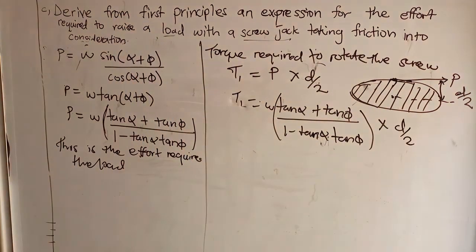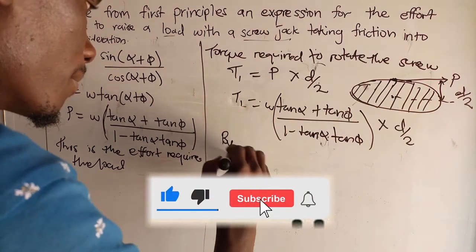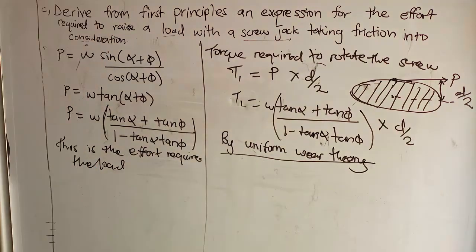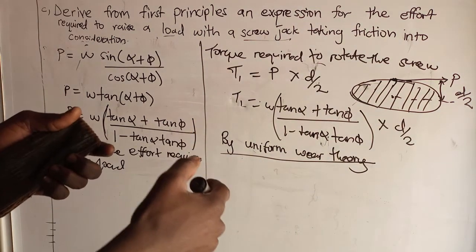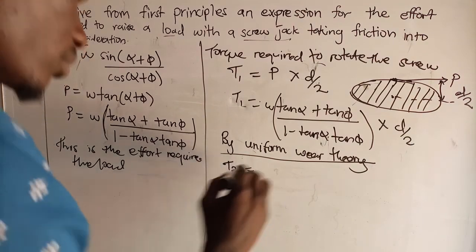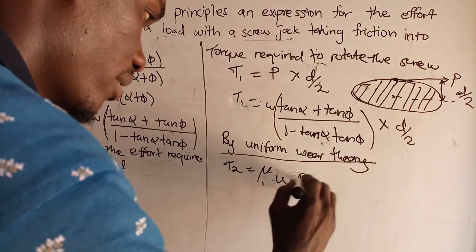But recall D is the mean diameter. Yes, so as we continue next, by uniform wear theory, the torque required to overcome the friction at the cup and the head is T2 equals coefficient of friction times W times RM.